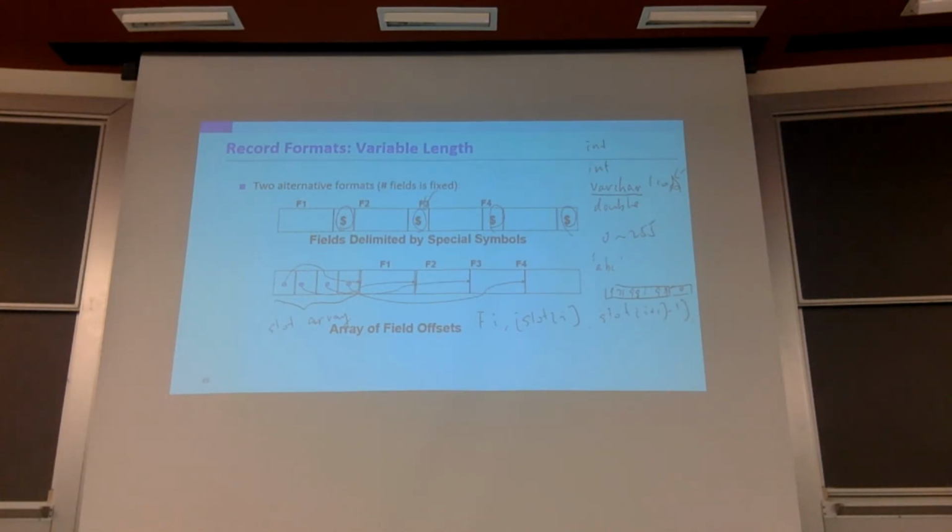As you can see here, actually you do not have a pointer to the very end of this record. Why is that? Don't you still need a pointer for that, so that you can find out how long the last field is? What do you think? Any suggestions?